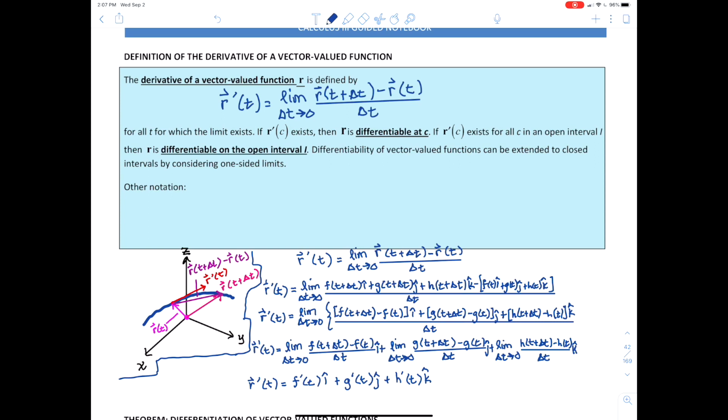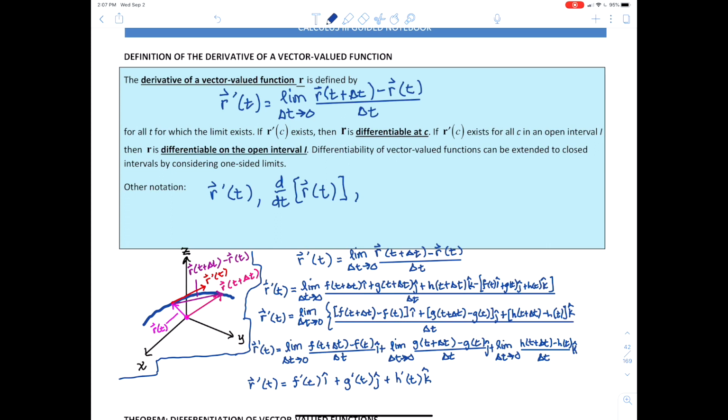Okay, so let's take a look at other notation. You did see the r prime at t. There's also d dt of r at t. Can't make my t's today, sorry.